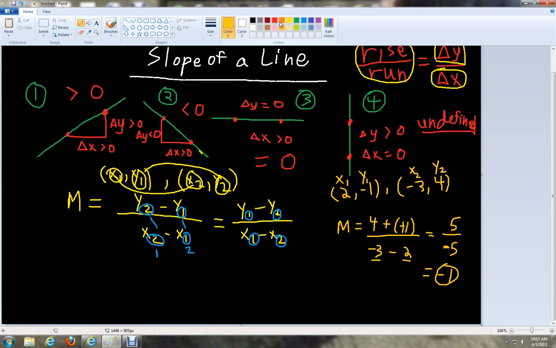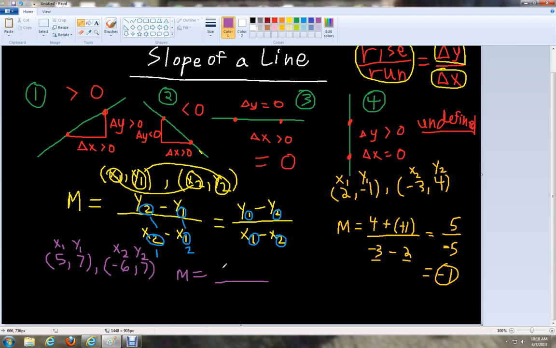Another quick example we can do is if we have, let's say, 5, 7, and let's say -6 and 7. So we can calculate the slope. So we have our x1, y1, x2, y2. And then we just plug them into the formula, y2 minus y1 over x2 minus x1.